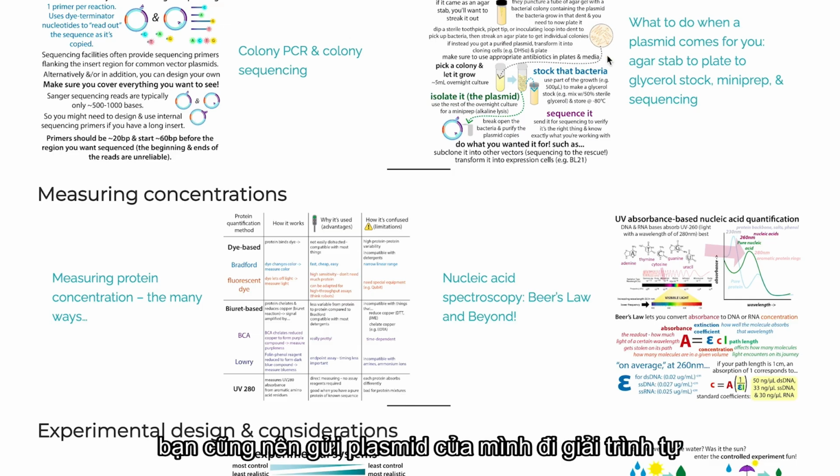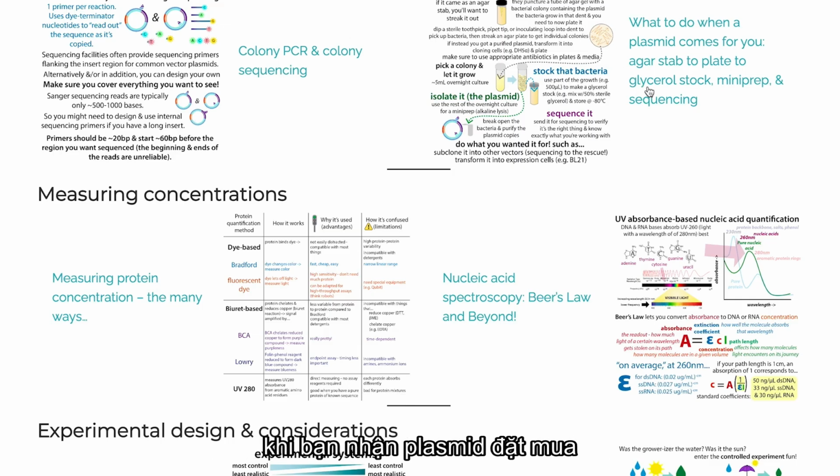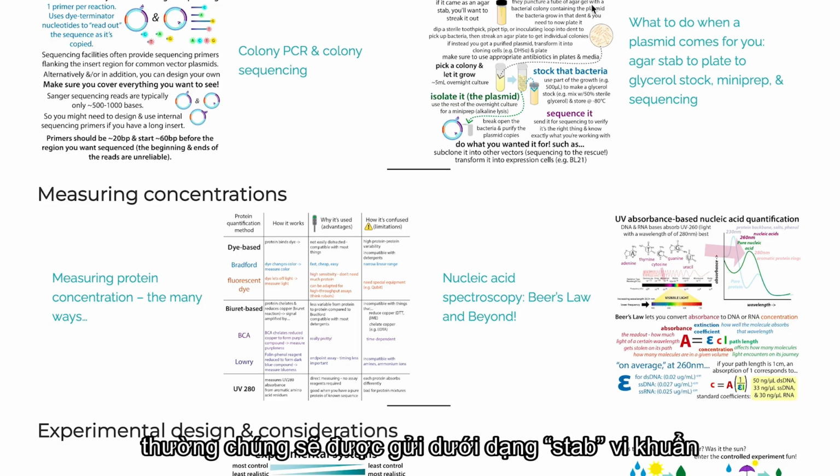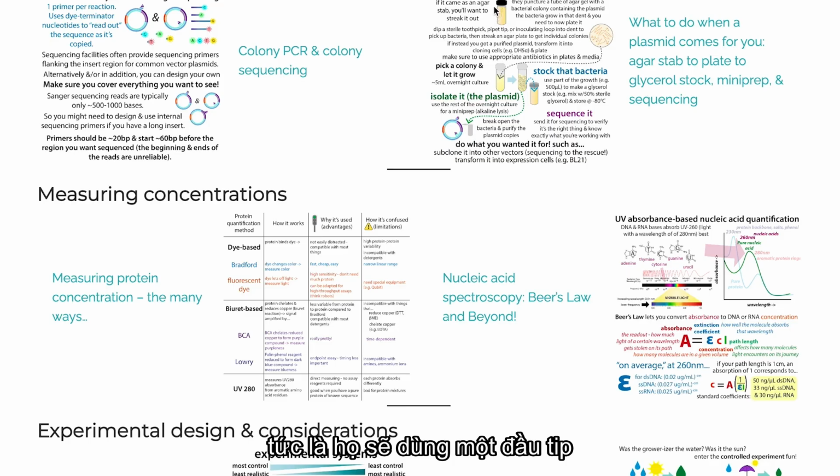You should also send your plasmid for sequencing when you order a plasmid. It'll often come in like a bacterial stab, where basically they'll take a pipette and stick it in their bacterial culture that has the plasmid growing, and then they stab it into this agar. So kind of like when you had those petri dishes, except that this is in a tube.